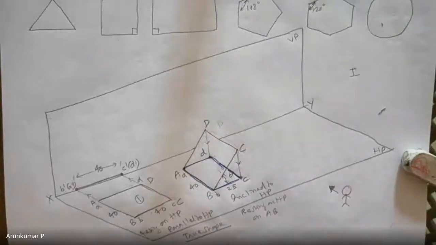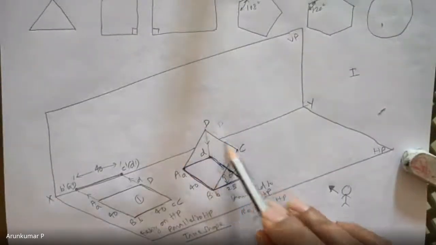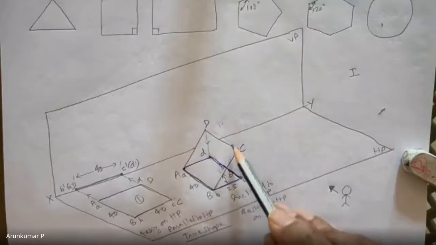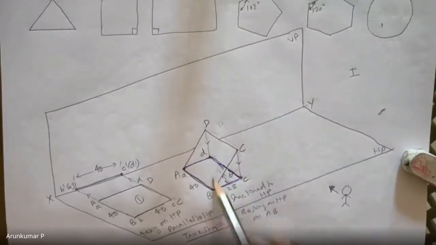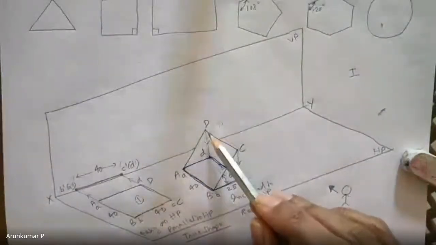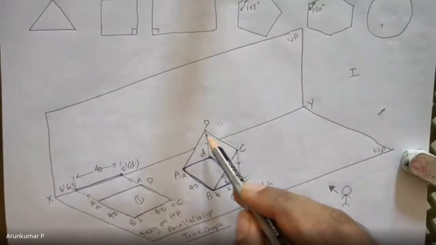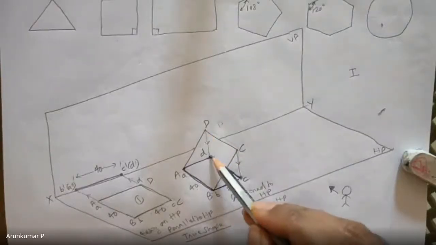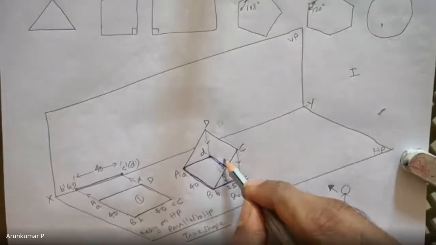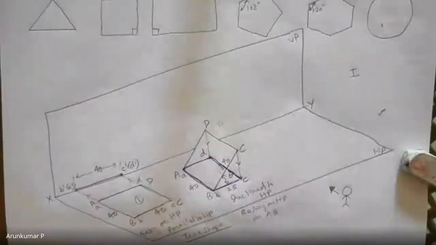Okay, and why does this happen is because, as you have seen, AB and CD, these two edges, are parallel to HP. See, AB is on HP, so there is no question, it is parallel. Is CD parallel to HP? Yes, because when I project C and D, and if I join CD, it is still 40 mm. So that indicates that CD is parallel to HP.